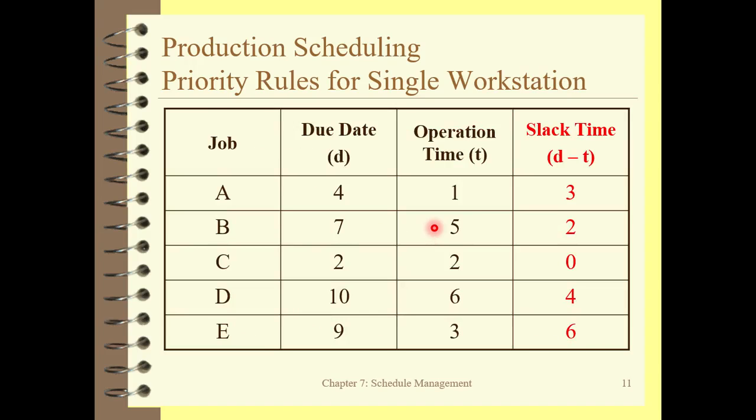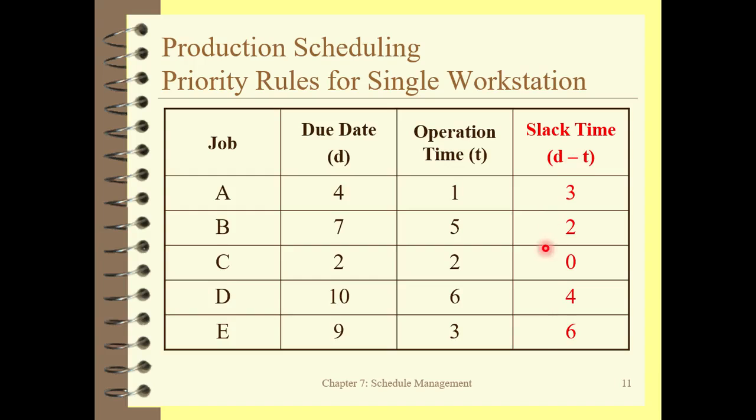So here, in order to apply the minimum slack time rule, you need to calculate the slack time. You need to use due date minus operation time, or processing time. In this case, 4 minus 1 is 3, 7 minus 5 is 2, 2 minus 2 is 0, 10 minus 6 is 4, 9 minus 3 is 6.